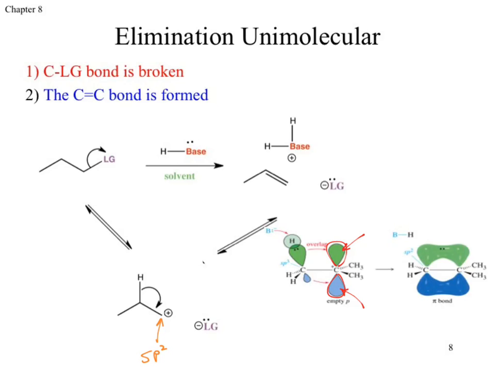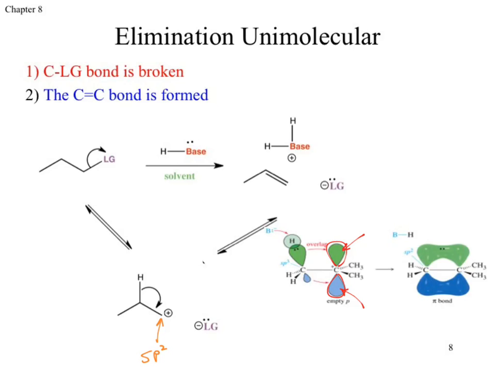Okay, why does it need to align with it? To get a pi bond, we have to have overlapping p orbitals. So if I've got my p orbital on my carbocation and my sp3 hydrogen, can I form that bond? No. The only time that I can form that bond is when I rotate about that sigma bond.